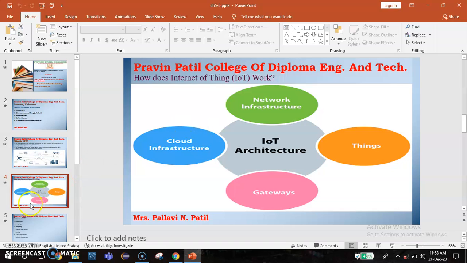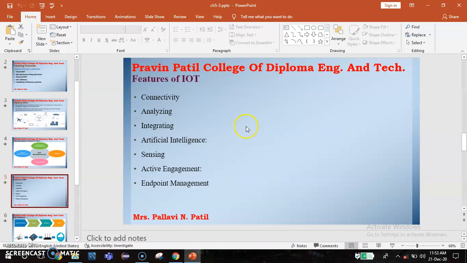Next, the features of IoT. The most important features of IoT: the first is connectivity. Connectivity refers to establishing a proper connection between all the things of IoT and the IoT platform, which may be a server or cloud.